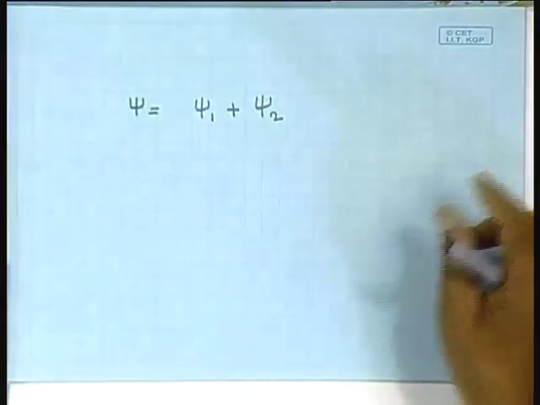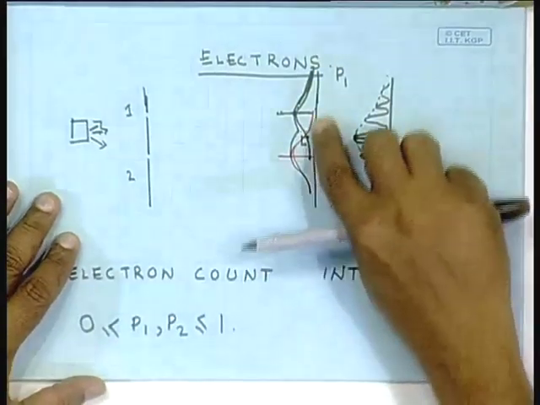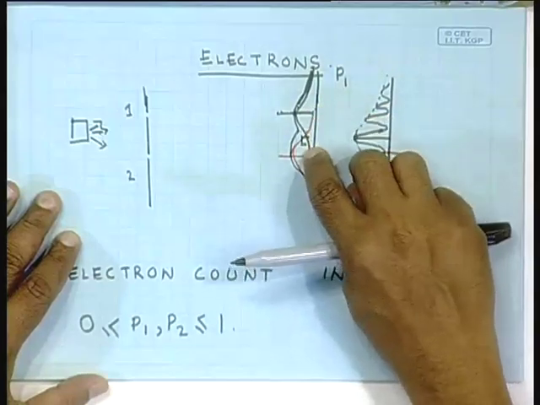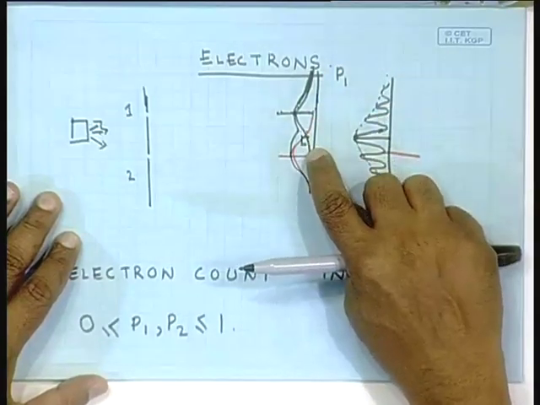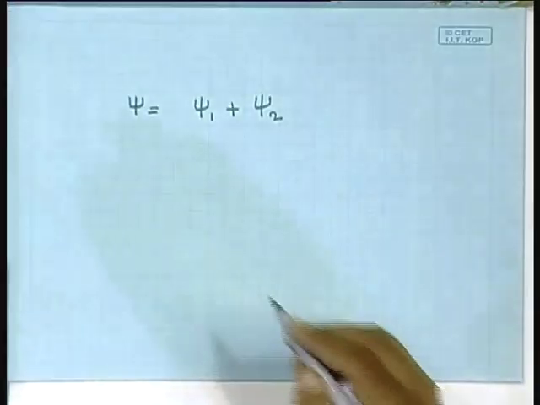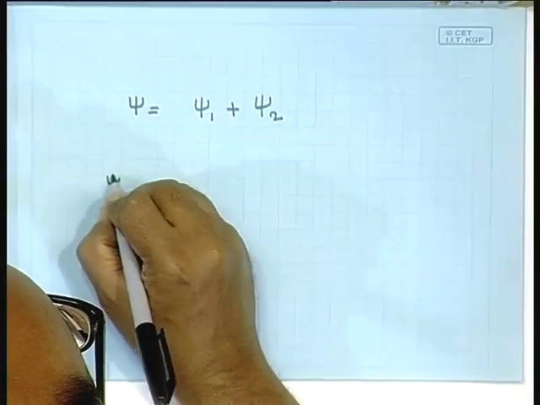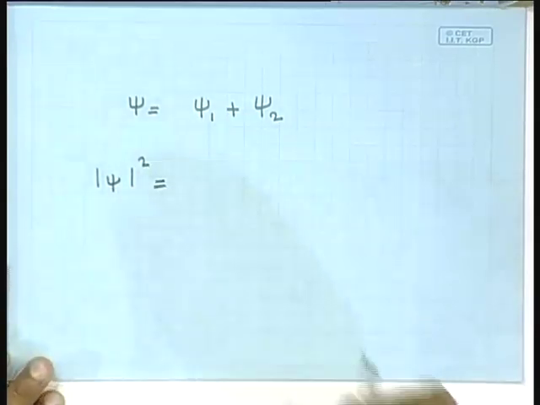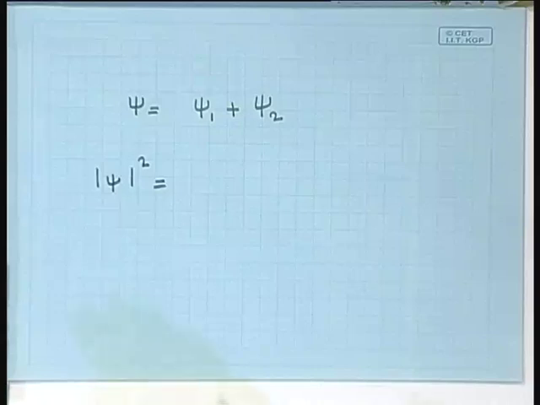So, if I wish to calculate the probability of finding the electron at any point on the screen, I should take the value of psi at this point and square it. This will give me the probability of finding the electron at that point on the screen.